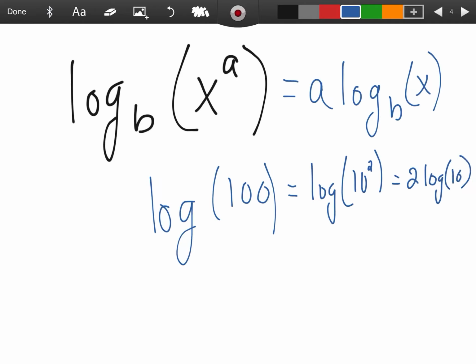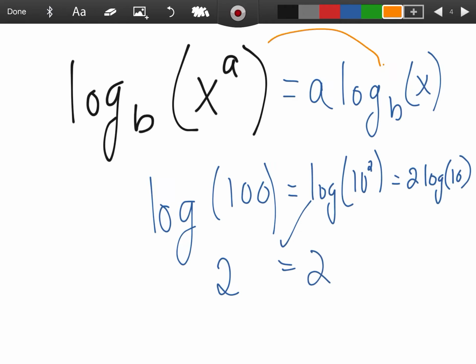And of course, we know that's true. Log of 100 asks us 10 to what power equals 100, so that's just going to be 2. And if I have 2 times log of 10, well, log of 10, 10 to what power is 10? That's 1, times 2 is also 2. So we can see that this works here. We can take that power, bring it out in front, and vice versa.